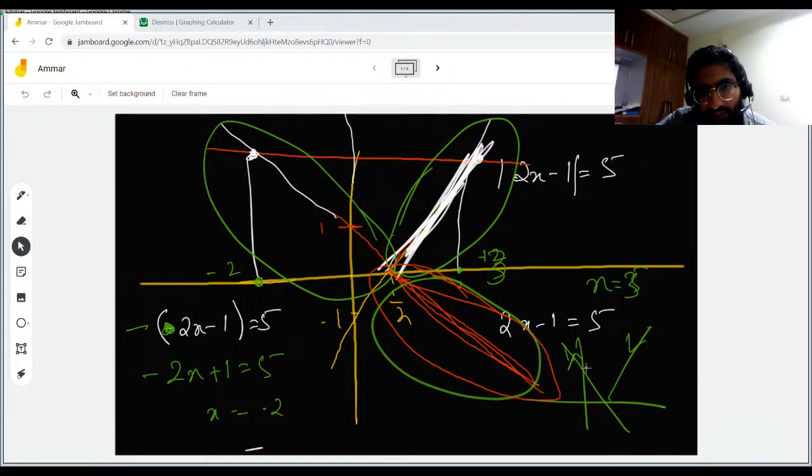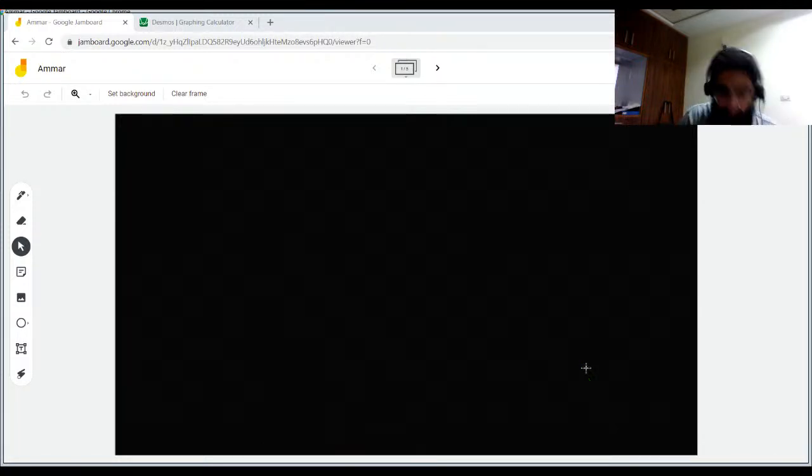let's look at a slightly more complicated equation. If I have mod of 3x minus 5 is equal to 2 minus half x.